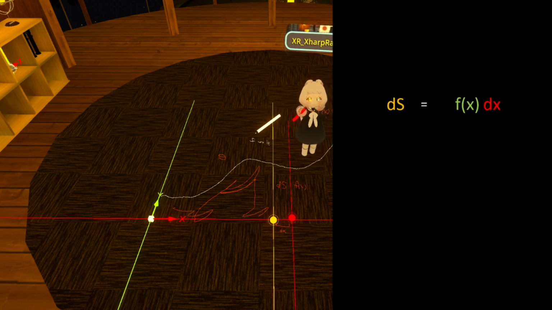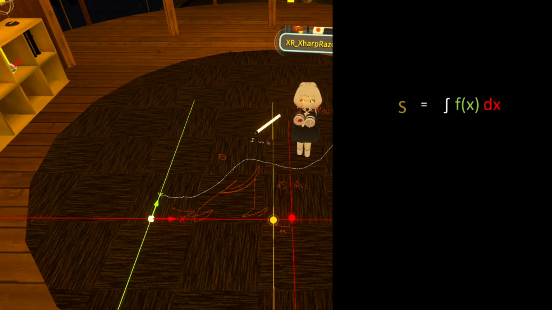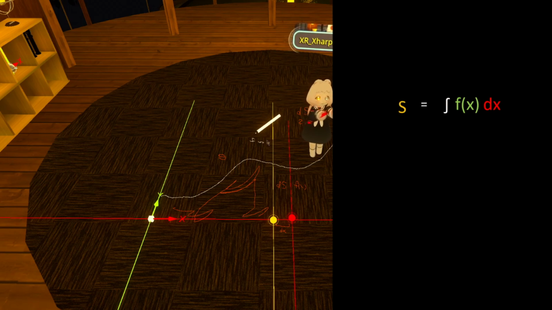Now, we can actually understand this in 2 ways. Either we can integral both sides. Okay, let's do the first way first. Integral both sides. So when we do the integral of both sides, ds becomes s, and then f of x dx becomes the integral of f of x with respect to x.